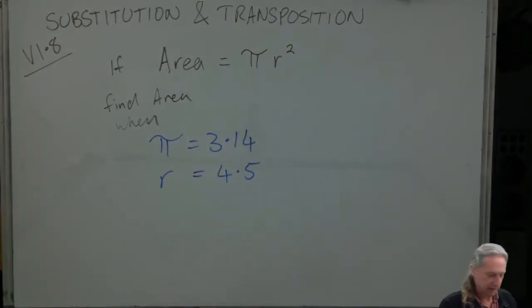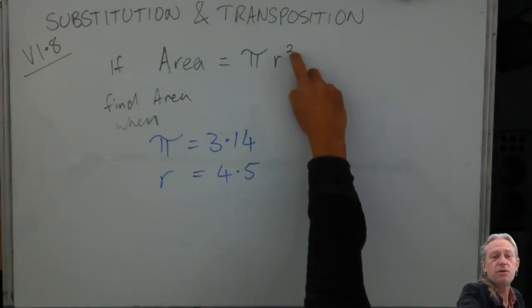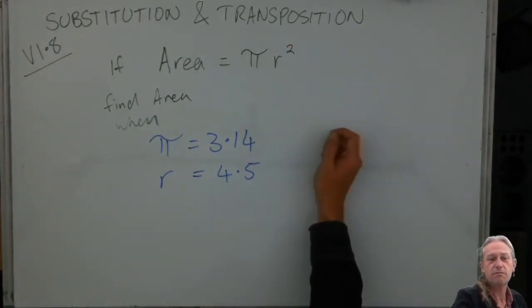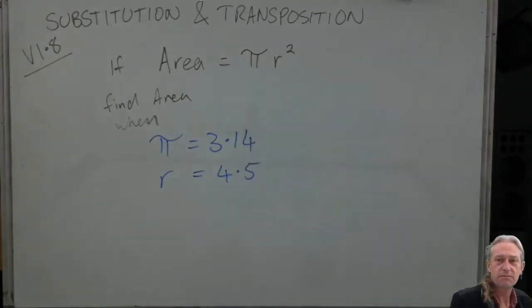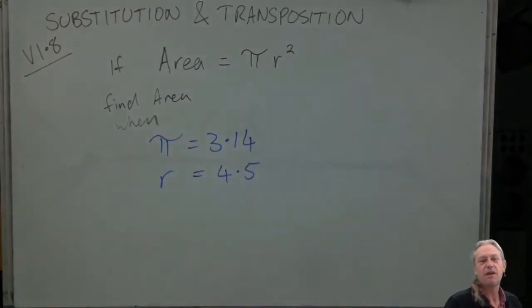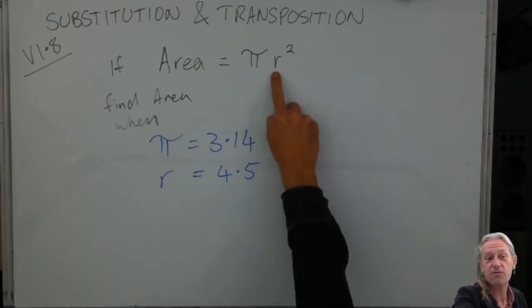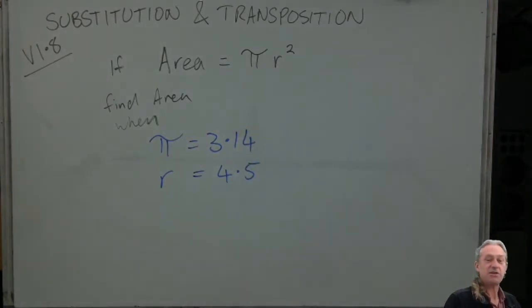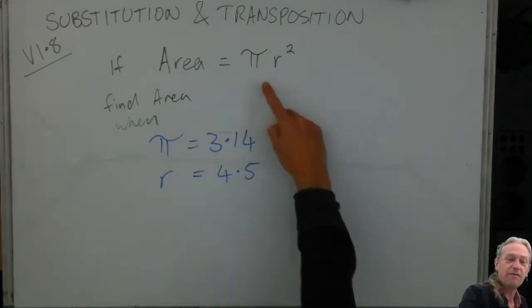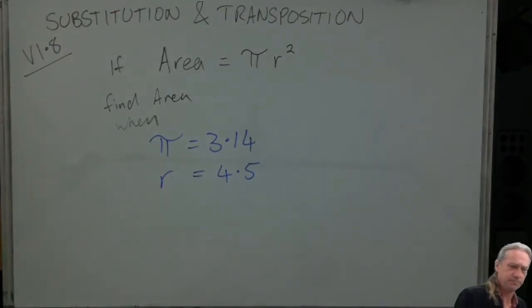I don't have a calculator to hand, so I'm going to have to pull out my phone. This little 2 above, I think we've already seen stuff with powers, it essentially means the term underneath, just the r, multiplied by itself. So I'm going to substitute in our values for pi and r.